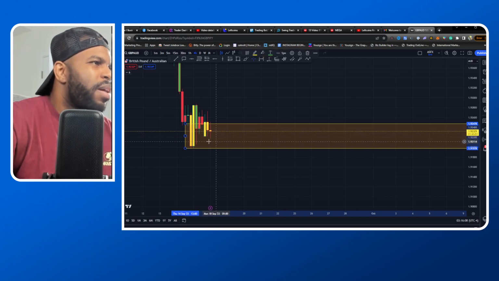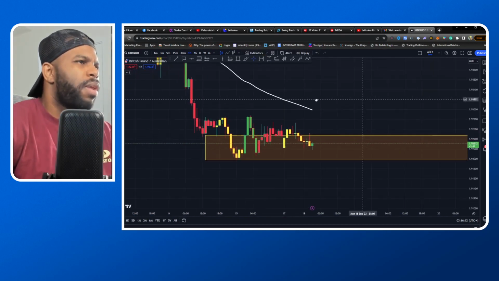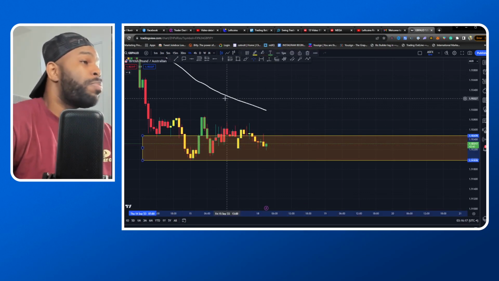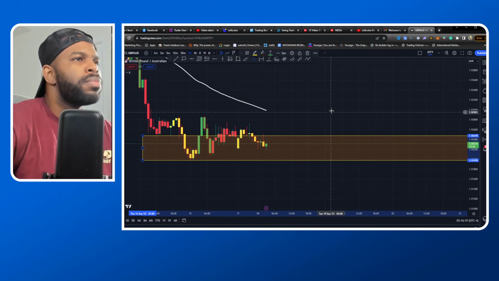We could bring it down here, but I'll keep that zone like that. I was trying to tighten it up maybe, but I think that zone is okay. But as you can see, price is respecting this zone here in this area.